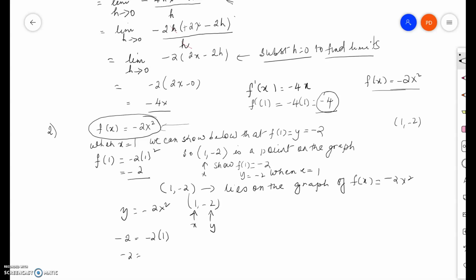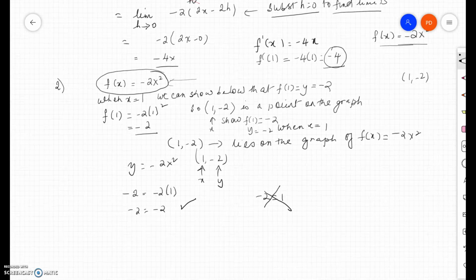So -2 equals -2, which is a valid equation, which tells us that (1, -2) is a point on this graph. Now, if it weren't a point on this graph, we would get something like -2 equals 1, for example, which is not true, which tells us that the point does not lie on the graph of the function. So we have proved in two different ways that (1, -2) is a point on the graph.